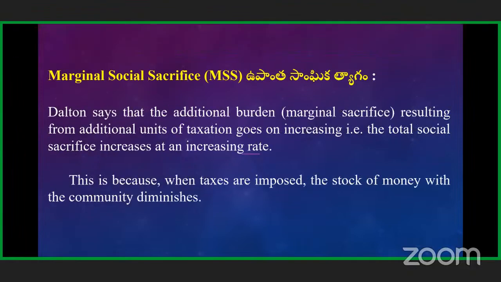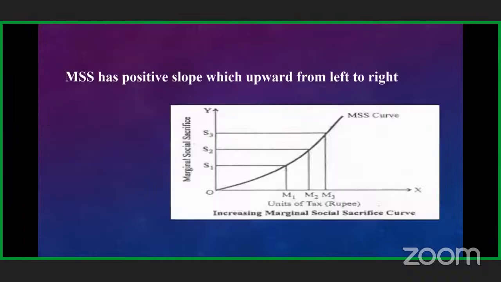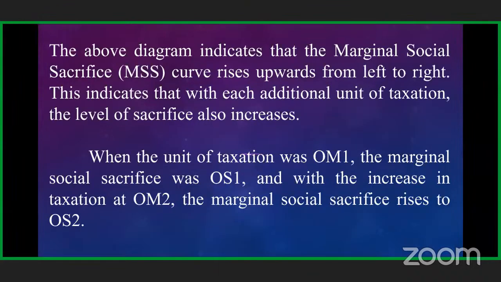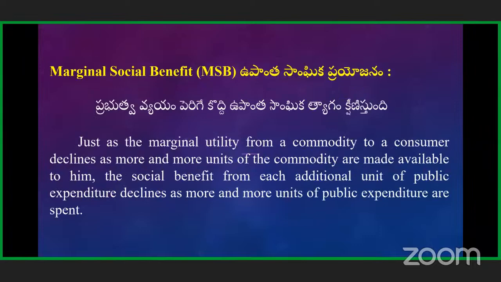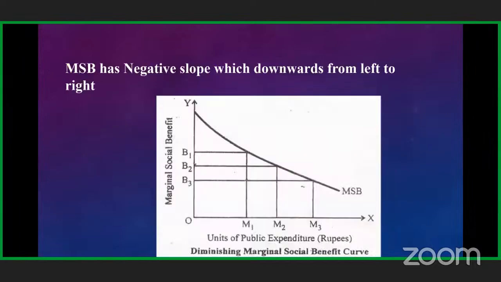Okay, friends. Like this, the marginal social sacrifice curve has a positive slope, upwards from left to right. And the marginal social benefit curve has a negative slope, downwards from left to right. If public expenditure increases, marginal social benefit decreases.